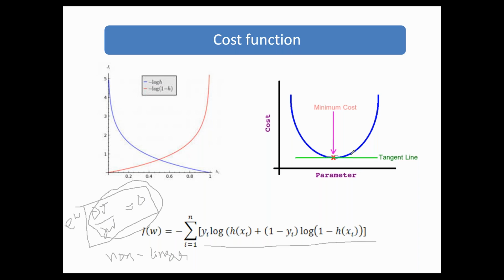At this point the slope is zero, so dou J by dou w will be zero here, and at this point you have to find w. Solve this equation and find the w. That w will be the optimum value. That will be the solution. So that cost is zero, which means either y will be 0 or 1 at that point. This is how you define the cost function.